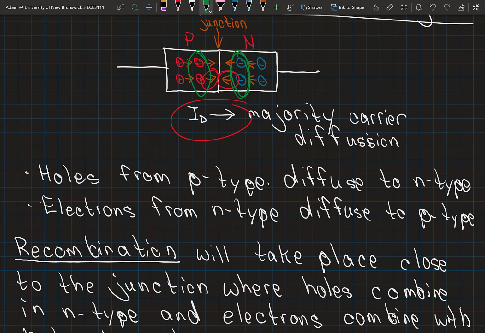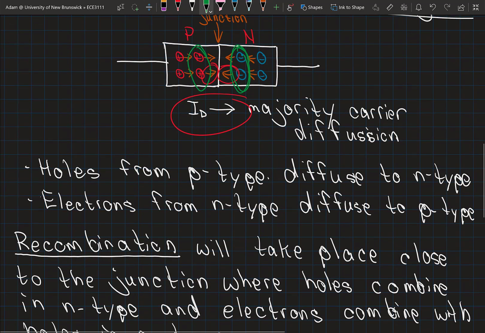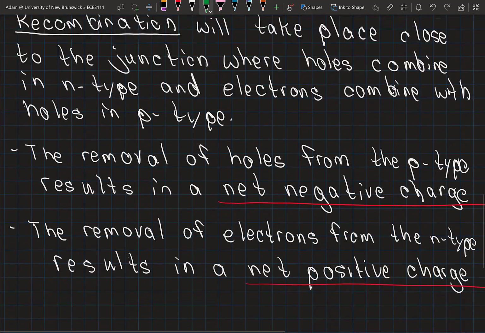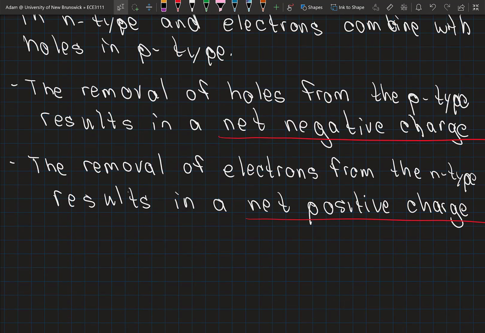But we also have the positive charge that's moving across here also contributing to a change in the net charge in the n material, and these electrons that are moving across are contributing to the net charge in the p-type material. Okay, so all of that results in a net negative charge being established in the p material and a net positive charge being established in the n material.